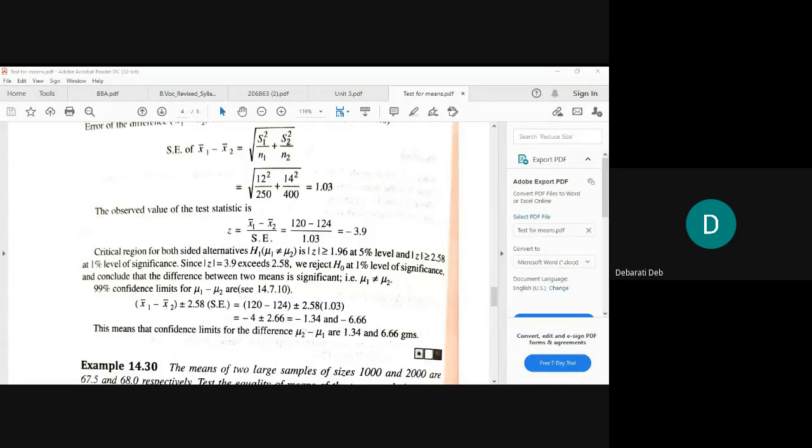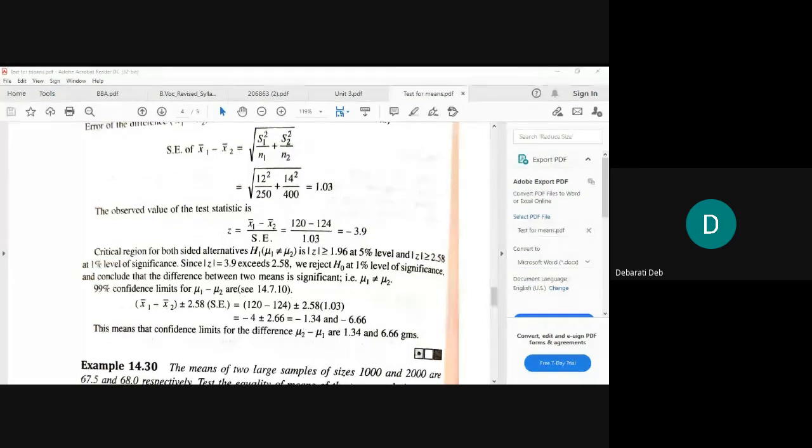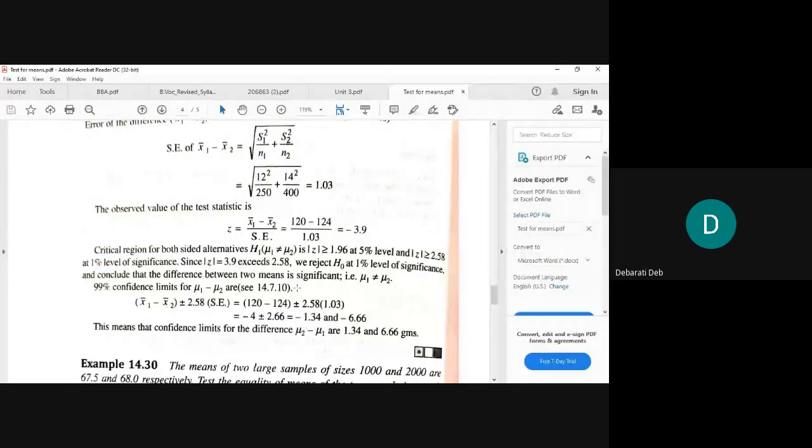So next line you write: since mod Z equals 3.9 exceeds 2.58, we reject H naught at 1% level of significance.